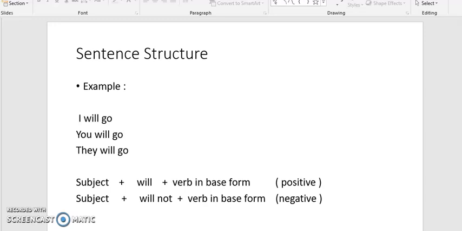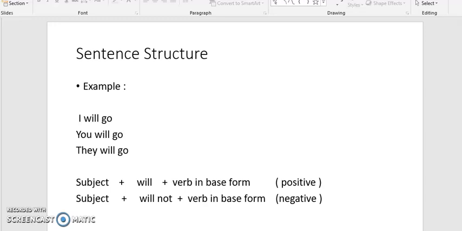So I made a formula for you, easy to remember. Subject plus will plus verb in base form for positive future tense.